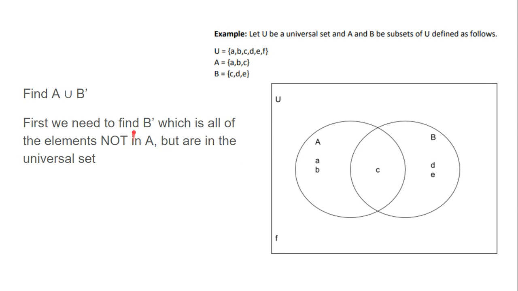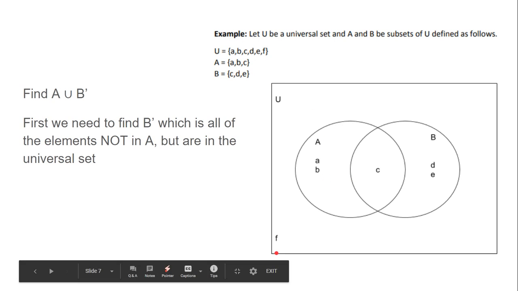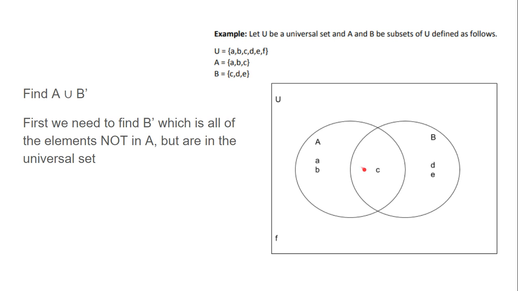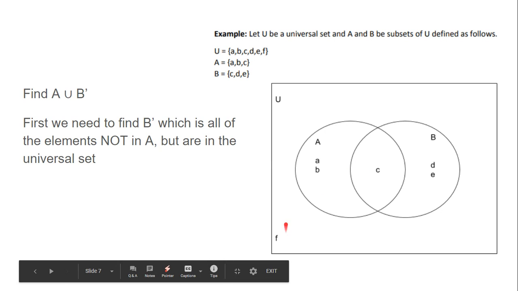So we're going to find out all things that are not in B. So that's A, B, and F. And then I want to put those with A. So that set is A, B, and C, and then I'm going to put that together with all the things that are not in B, which is A, B, and F. That means that my final answer is going to be A, B, C, and F.